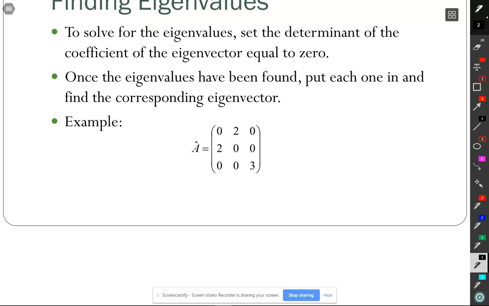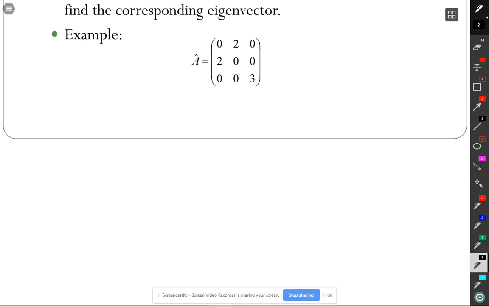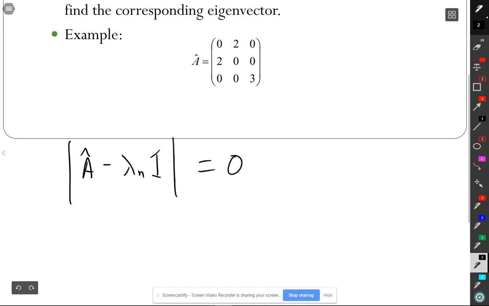The first step is finding A operator minus lambda sub n times that unit vector, doing the determinant of that and saying it equal to 0.